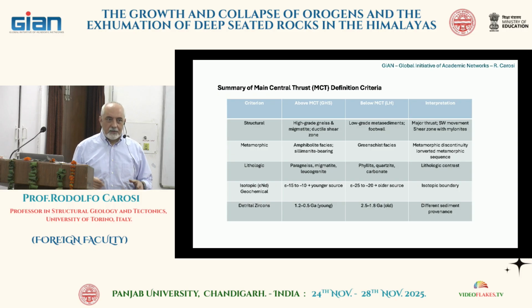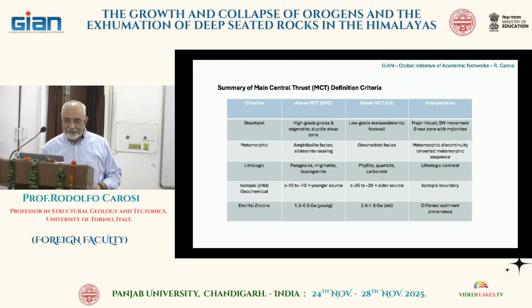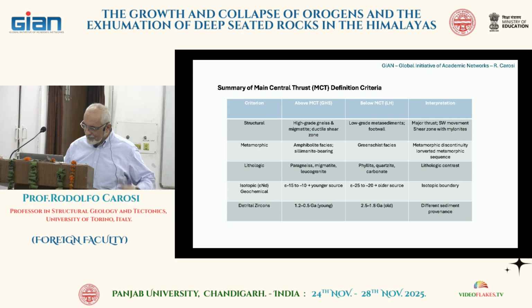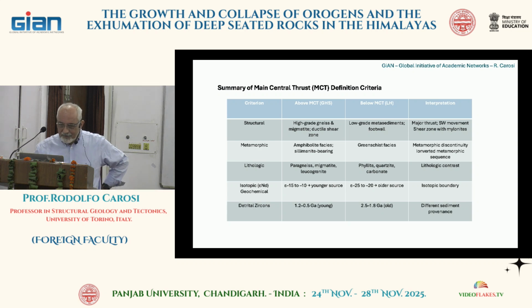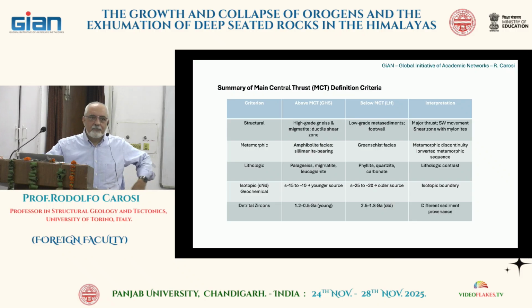In Sikkim Himalaya, there are maps with the Main Central Thrust in the migmatites. So there is a very strong difference in distance and the kind of rocks involved in this problem. So sometimes it is not easy to compare maps from different parts of the belt.